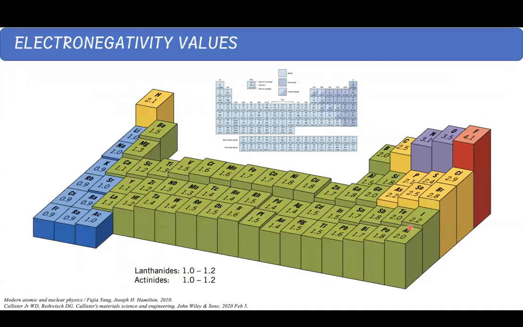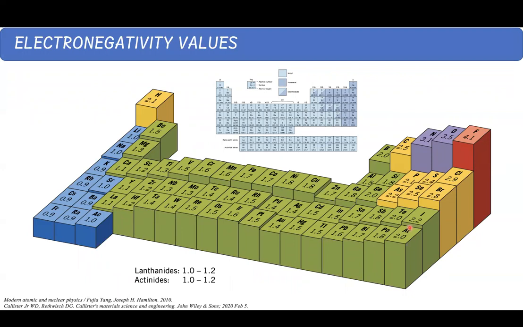So the first one is ionic bonding. Before we talk about ionic bonding, I need to recall the electronegativity value in the periodic table. From left to right, the electronegativity value increases.